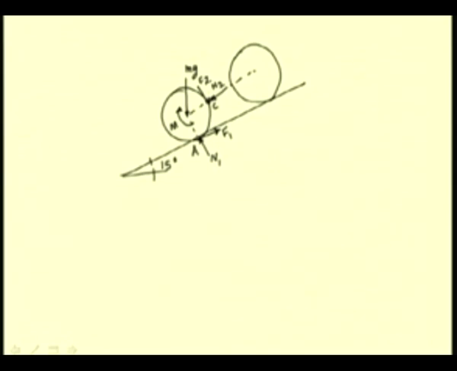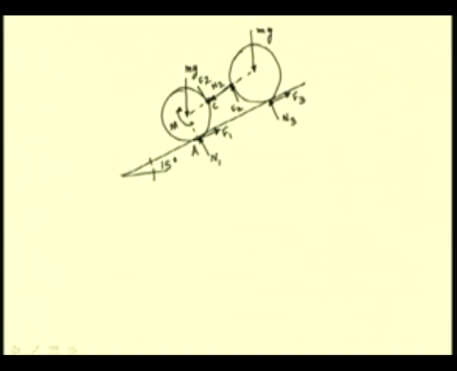On the other cylinder, the direction of this frictional force will be opposite, and this will be the direction of this force N2. At this contact, we have the normal force, the frictional force, and the weight of the cylinder, mg.